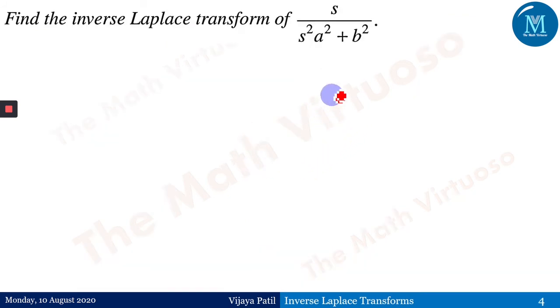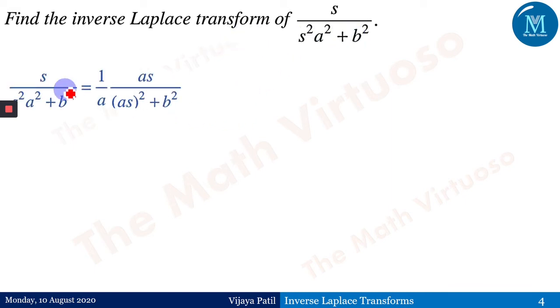Again, one more example: s upon s square a square plus b square. I need to find the inverse Laplace transform of this. Again, s upon s square a square plus b square is 1 by a times as upon (as) square plus b square, because I have s a, s square a square is (sa) the whole square, but I don't have any a in the numerator, and that is why this is an adjustment.